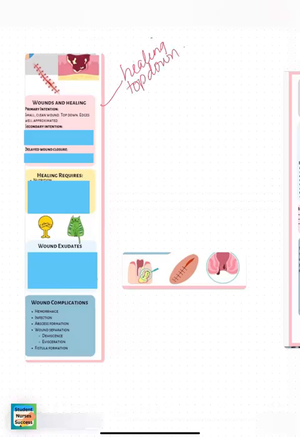It's when the wound edges can come together. So this particular example right here, where there's stitches, if you can bring those wound edges together, then that's going to heal by primary intention from the top down. There's going to be less scar tissue, less infection, and it's going to heal faster.